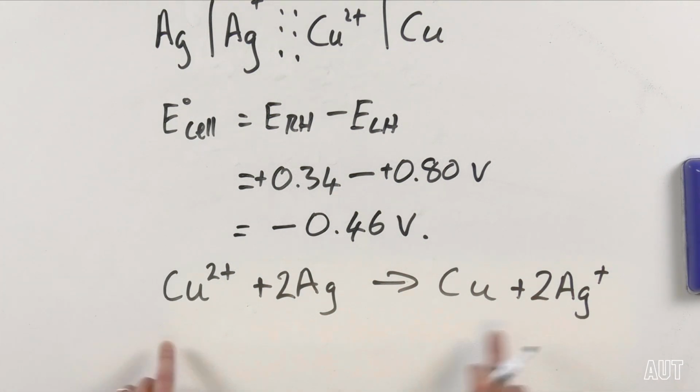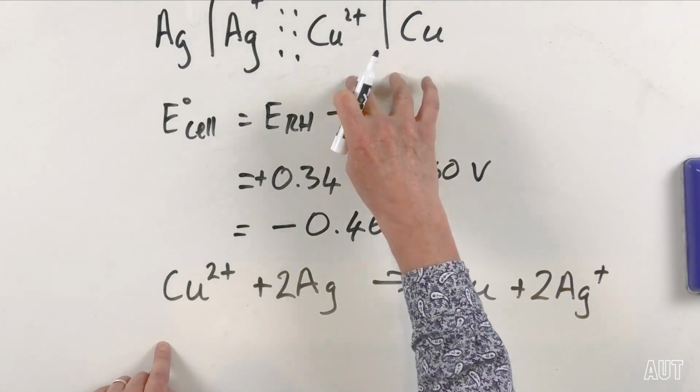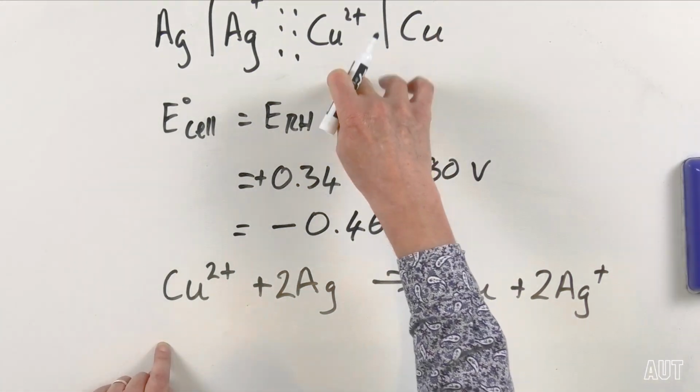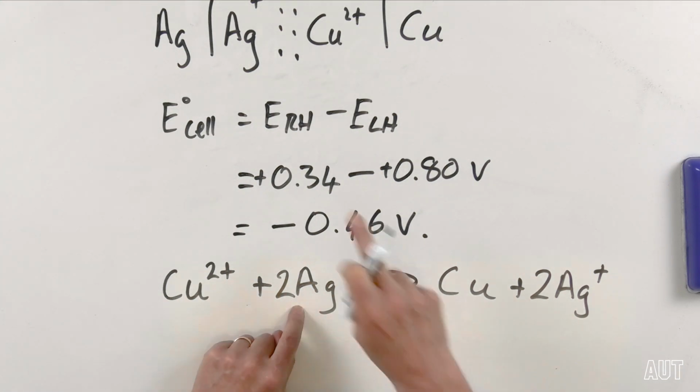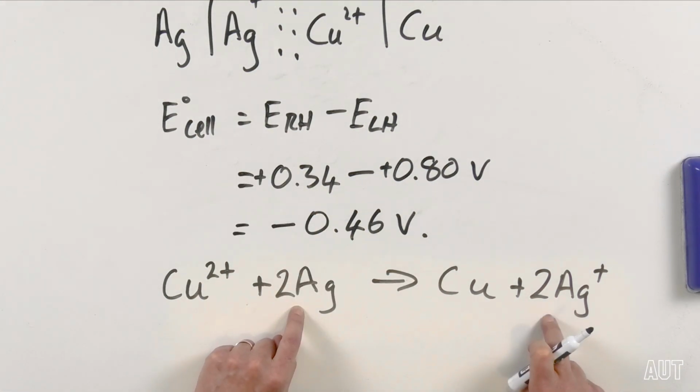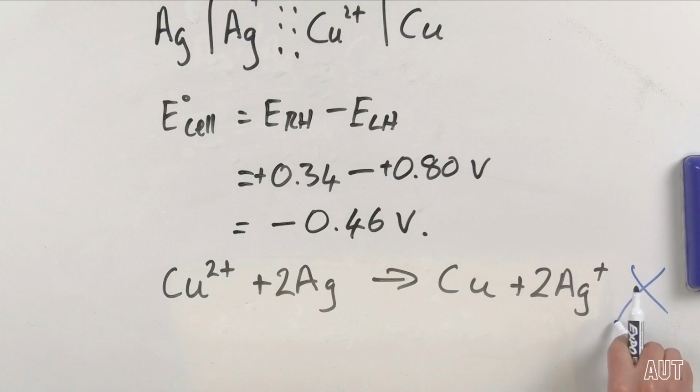The defined cell reaction says we have reduction occurring at the right-hand electrode: copper 2 plus to copper, silver being oxidized to Ag plus. And that, everybody, is not spontaneous. So that gets the big cross.